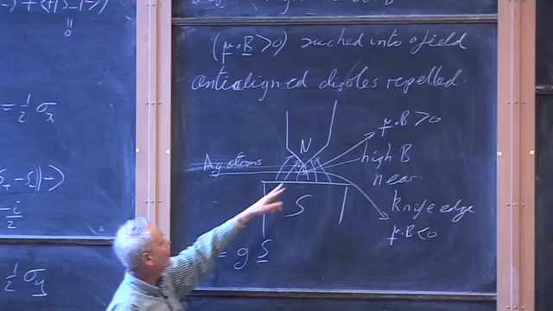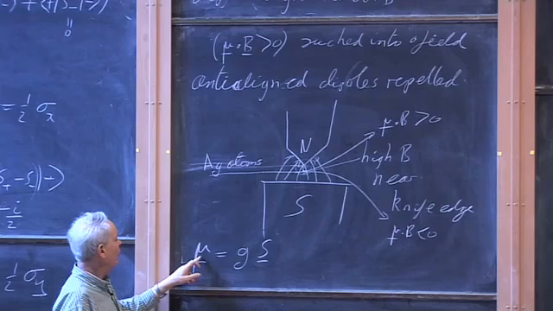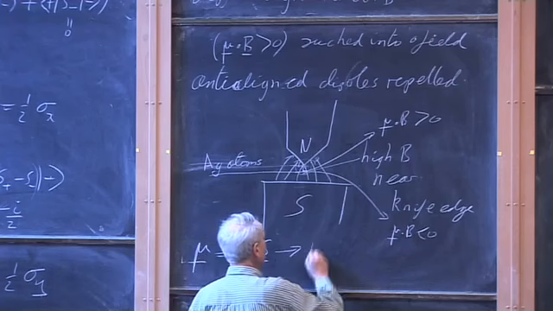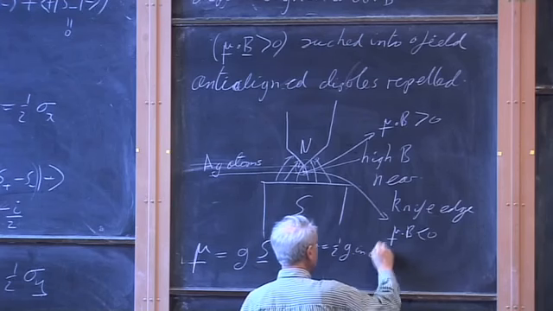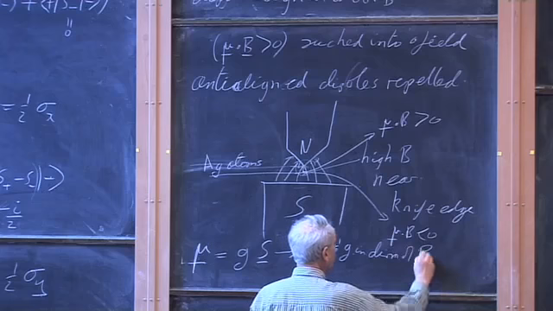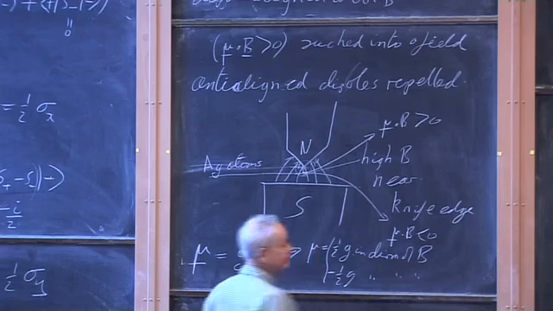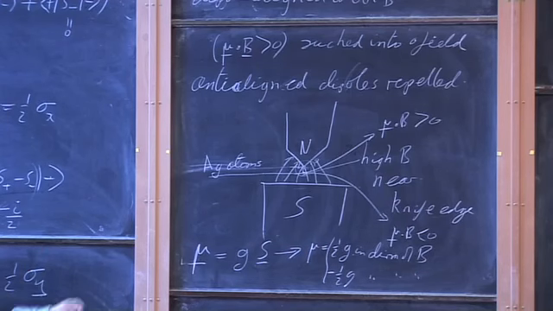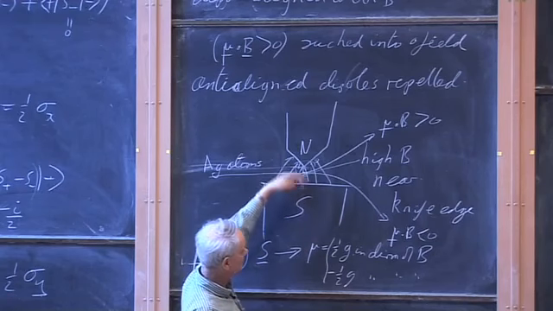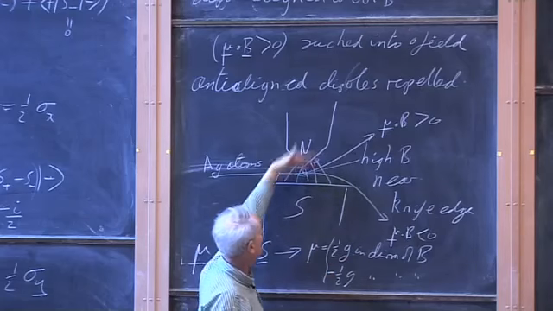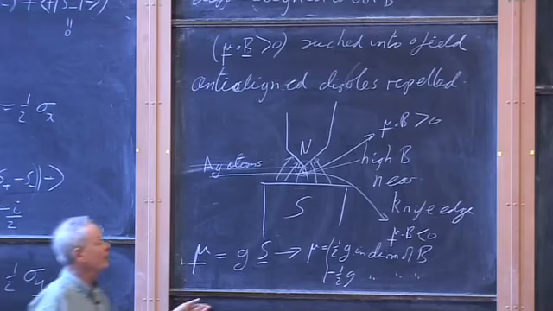Either you'll get plus a half or you'll get minus a half for the value of this. And therefore, mu will be either a half g in the direction of B, or it'll be minus a half g in the direction of B. The half for which it's plus a half g will be deflected that way, and the other lot will be deflected down here, and there you go.